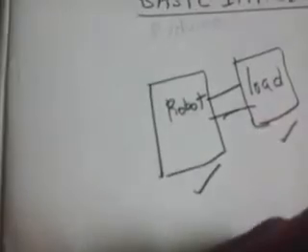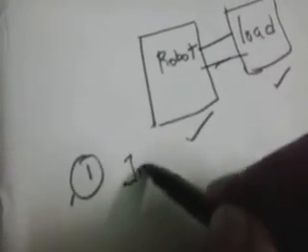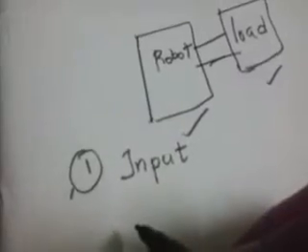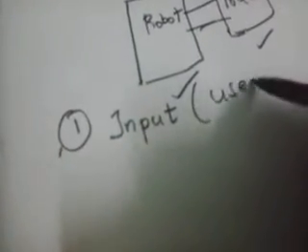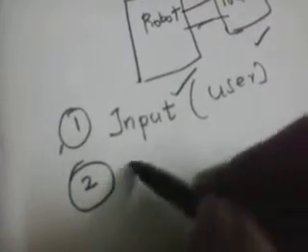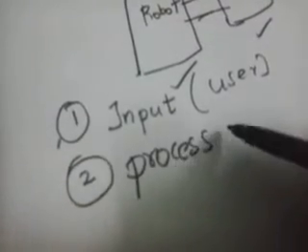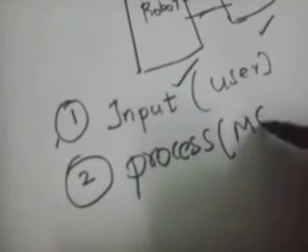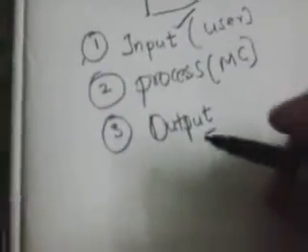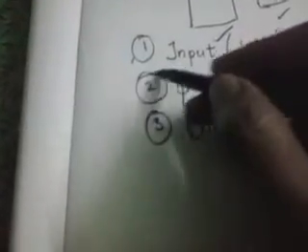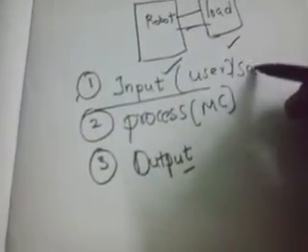So, this requires, first, we need to take input from the external environment, that is from the user. Second, we need to process the information by using a microcontroller within the robot, and third, we need to provide output to the load. These three are the basic things which we need to consider while designing any robot. These inputs can be taken by using sensors.